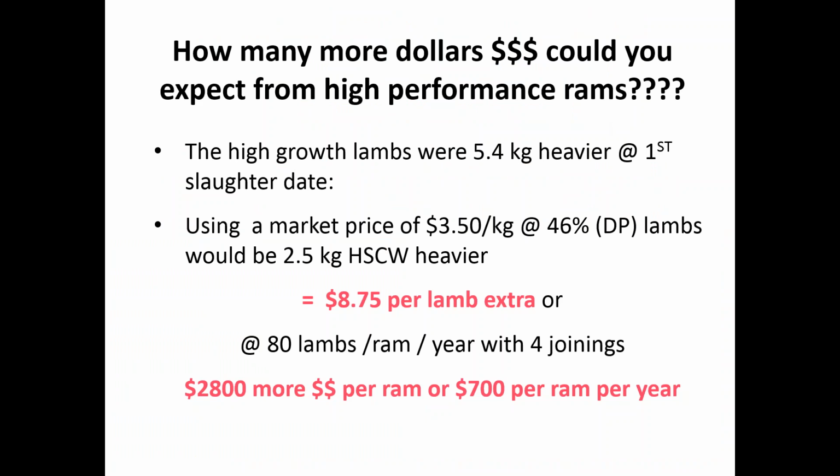The slide that's on the screen now is just a summary of a trial that was run in New South Wales on a large wheat sheep property where about 1,000 ewes were joined to either terminal sires with high growth or with medium to low growth.